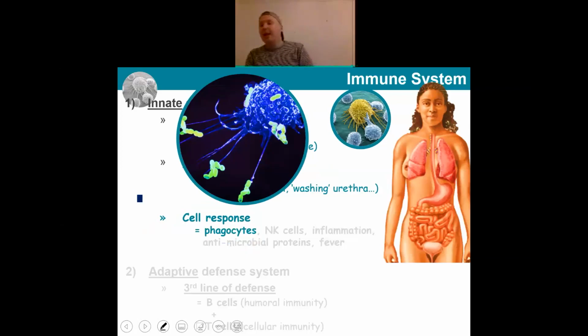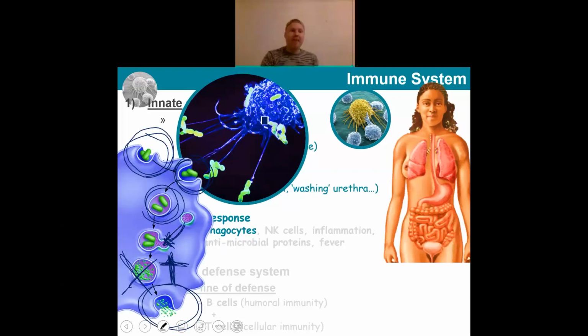And if you're uncertain about these cells, you can look at the full lecture video, so I'll give a very brief version. The first one we're going to look at is phagocytes. What phagocytes do is grab a pathogen that we find in our body and take it inside them and eat it. So here we have a pathogen, and a phagocyte takes the pathogen inside its cell.